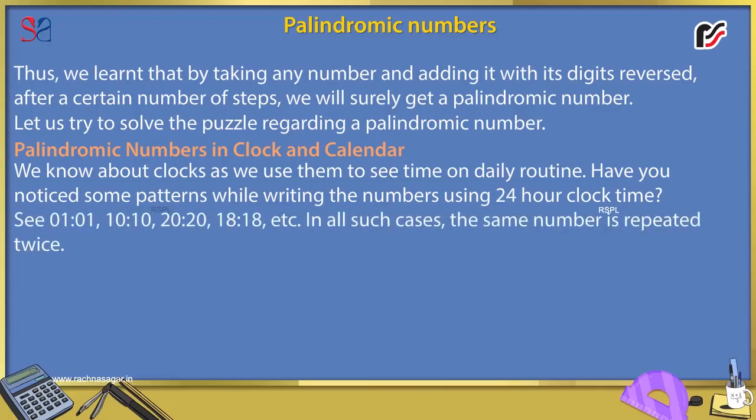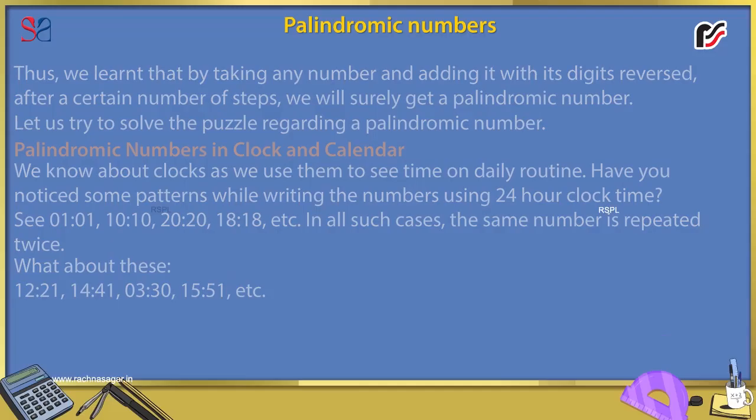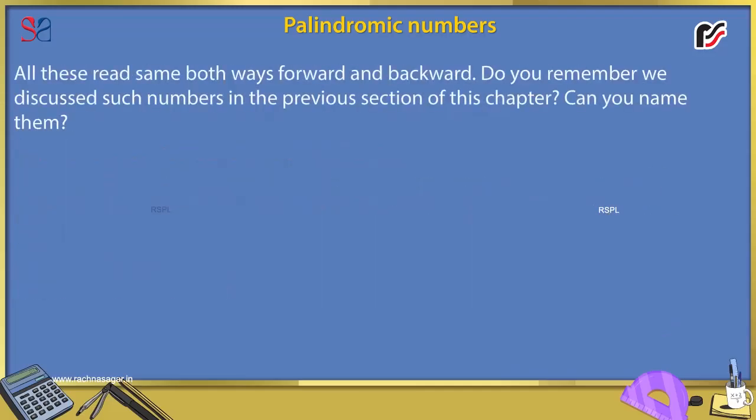See 01:01, 10:10, 20:20, 18:18, etc. In all such cases, the same number is repeated twice. What about these? 12:21, 14:41, 03:30, 15:51, etc. All these read the same both ways, forward and backward.